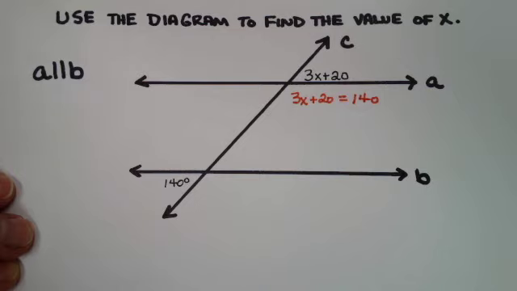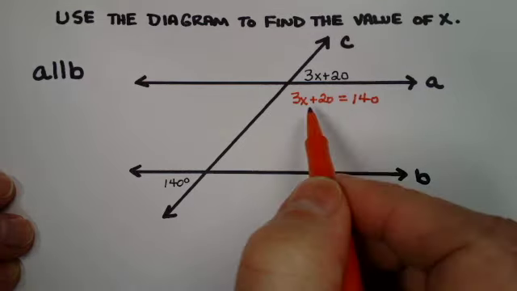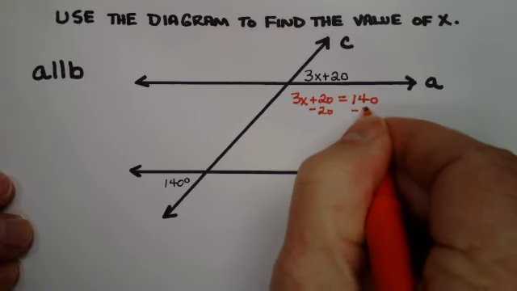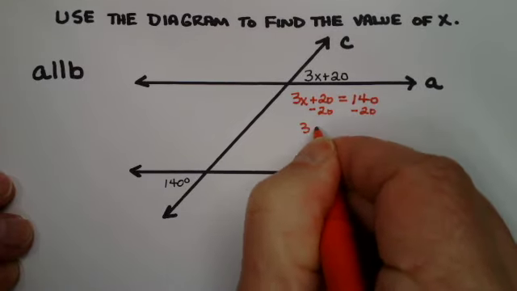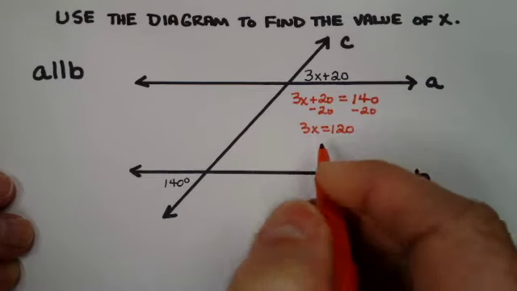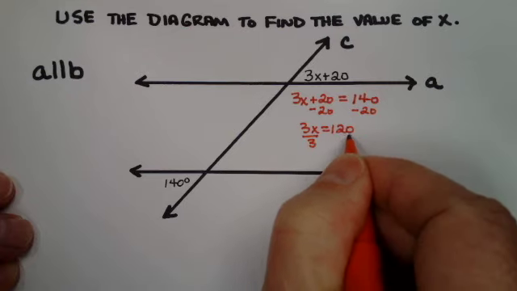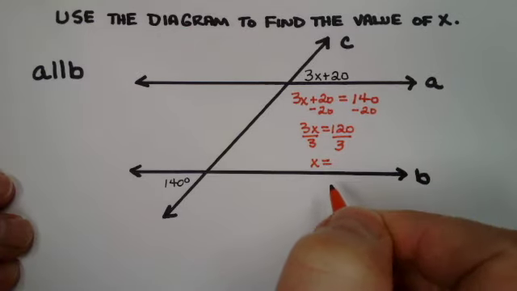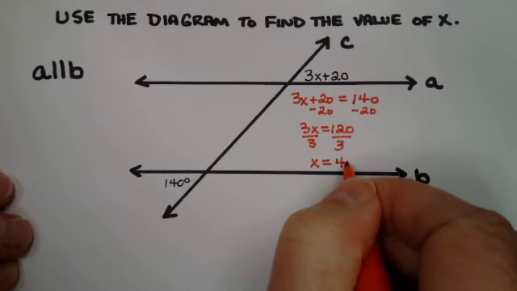Now I need to solve this equation, and I can determine what the value of x is. The opposite of adding 20 is subtracting 20. Opposite of multiplying by 3, dividing by 3. 120 divided by 3 is 40.